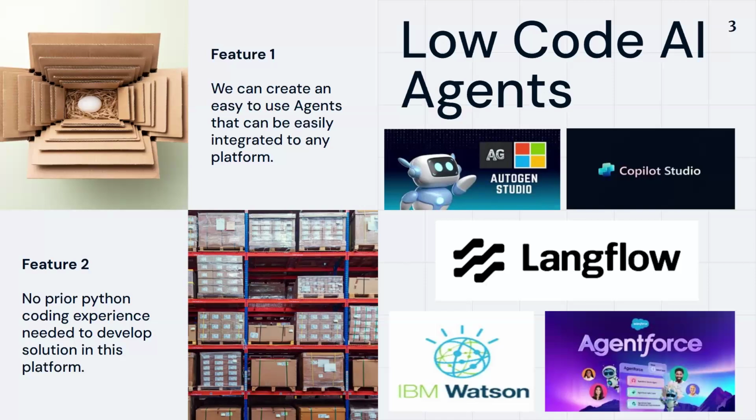So if you are using UiPath, you can integrate it with the help of these low-code platforms. Even if you don't have prior coding experience in Python, JavaScript, or any other language, you will still be able to create those agents, and they will be very much a configurable side of a platform itself.